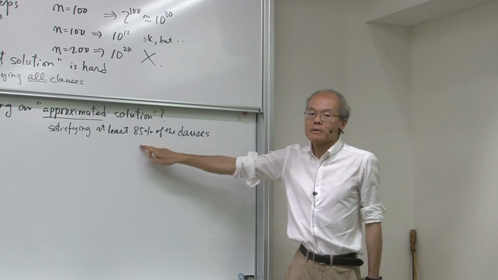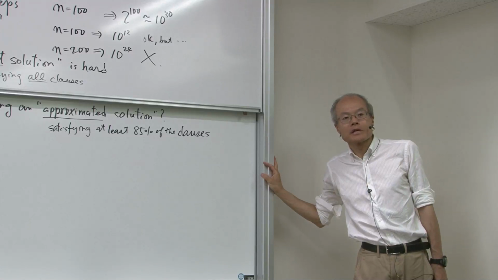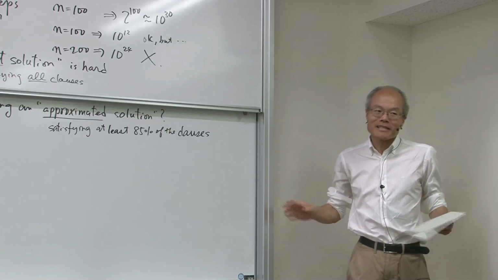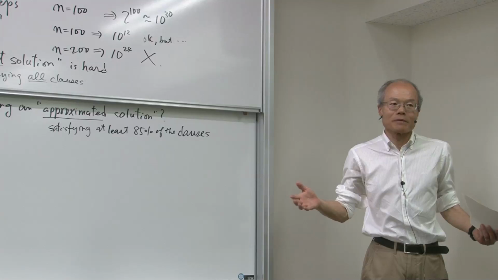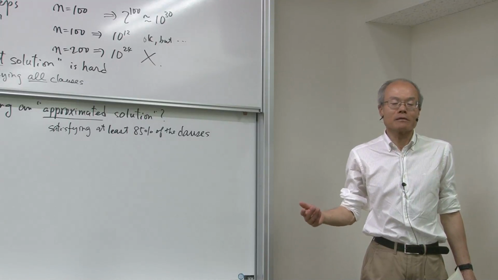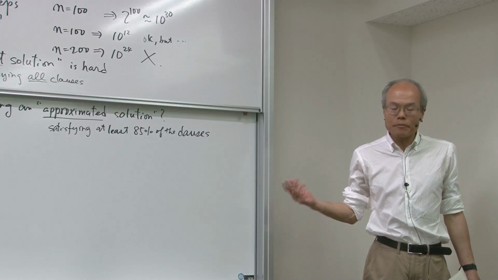What does it mean? If your assignment, your solution satisfies 85% of clauses, that somehow means 85% of the people are happy. It's something like that. So the rest of the people would not be happy.